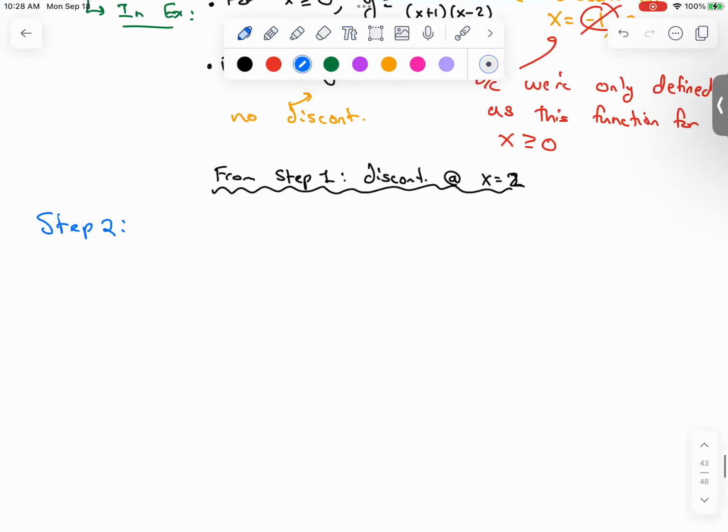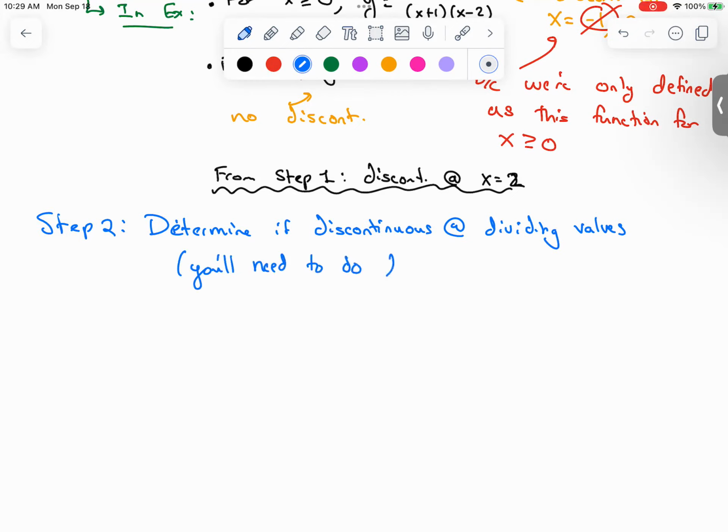You'll need to do left and right hand limits. Just as a reminder from the very beginning of the section, the three things that are required for continuity: the limit needs to exist, the function needs to exist, and they need to be equal.